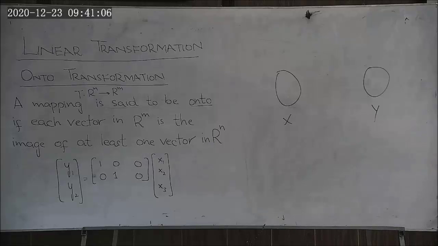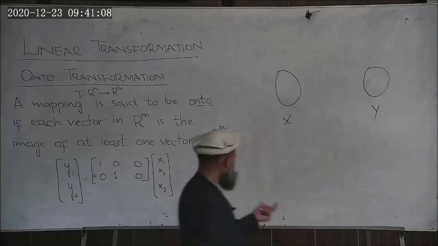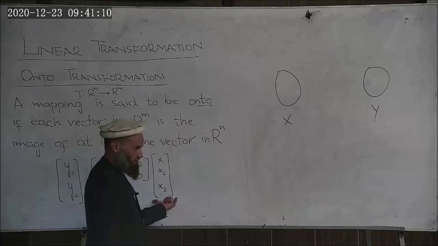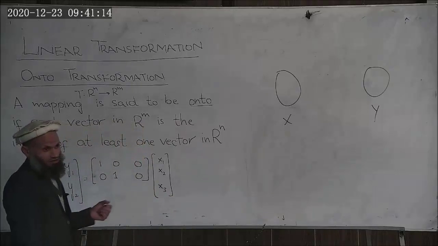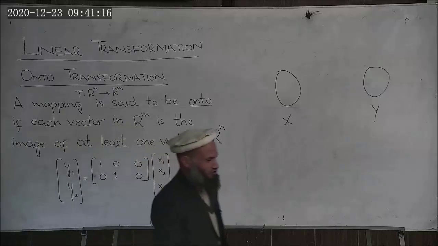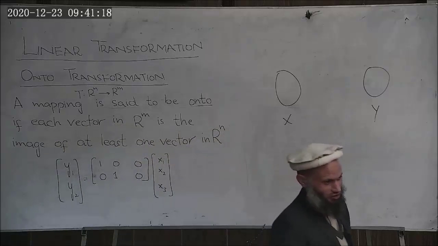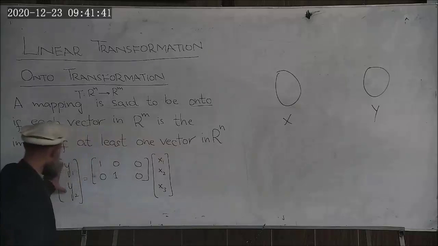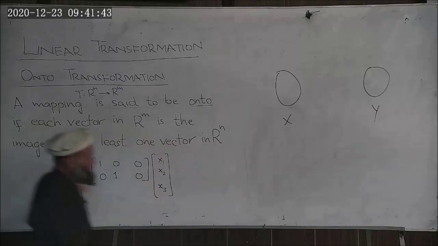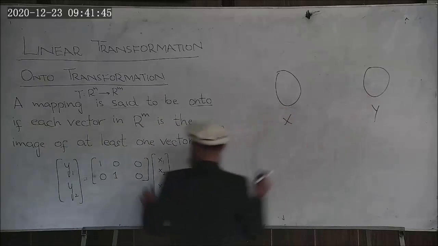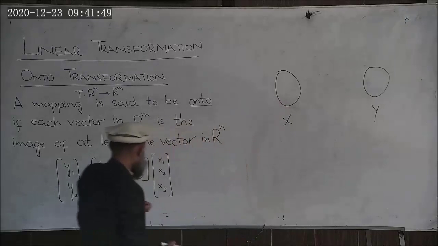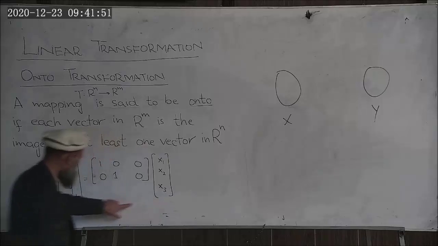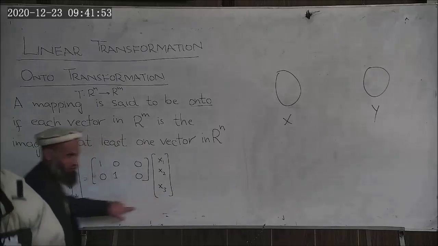This transformation maps a vector in R3 into R2, right? So is this transformation an onto transformation? If any vector in this space is an image of a vector in this space, then it means that we can always find a solution to this system of equations.